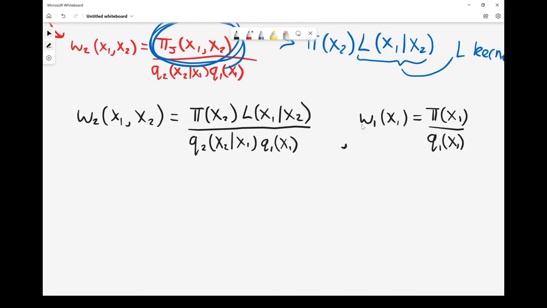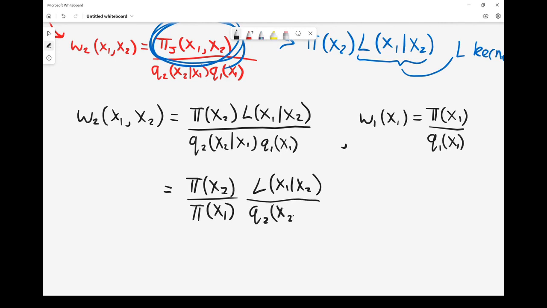And so substituting this into here, replacing q1 of x1 basically, we end up with our weights at iteration 2 equal to this kind of ratio: pi at x2 over pi at x1, i.e. target at x2 divided by target at x1, times our L-kernel, and then our second proposal, all multiplied by the weights at x1.